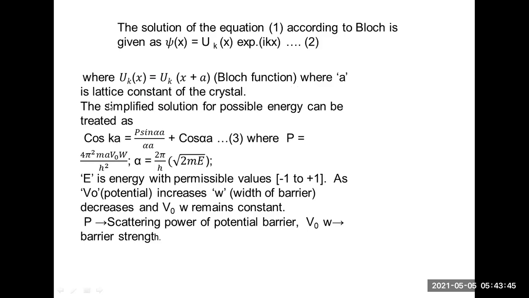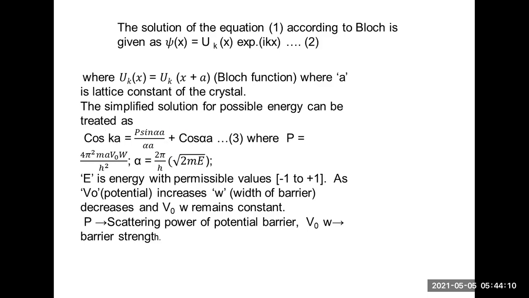When we solve this particular solution, that is equation number 2, you will get this type of equation: cos k a is equal to P sin alpha a by alpha a plus cos alpha a. This equation number 3 we get after trivial mathematical manipulations.